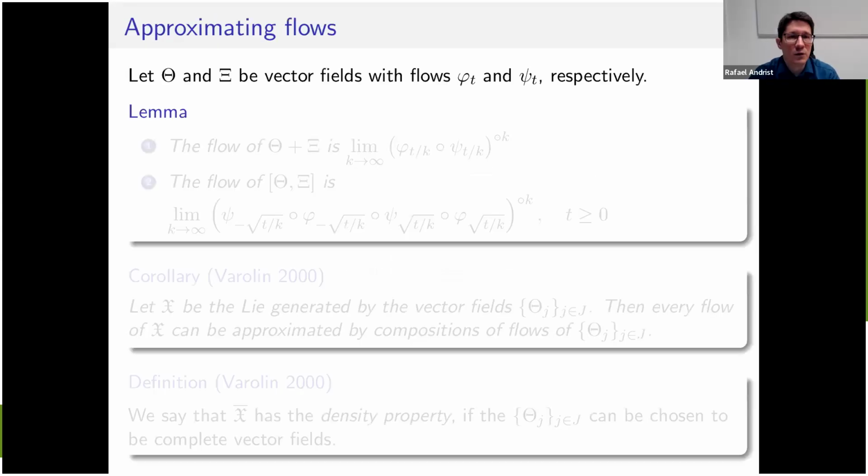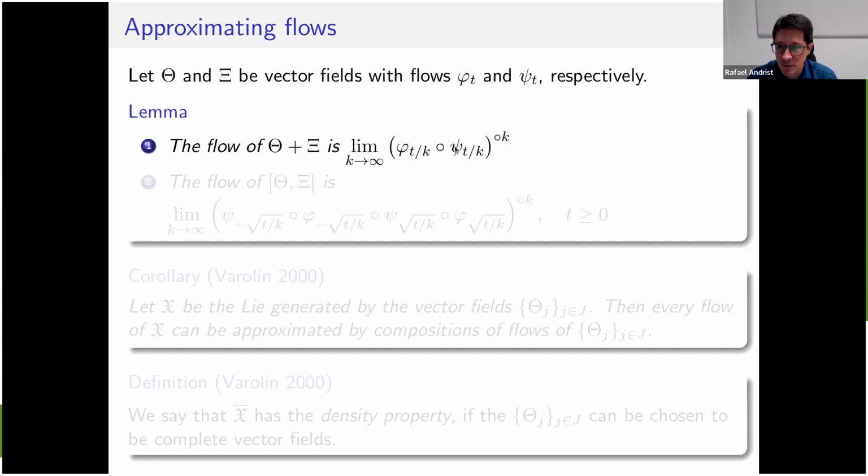Okay, now I have to tell you why we actually are interested in this Lie algebra structure. We start with two vector fields, and we know their flows. And then there is a formula for how to compute the flow of the sum of these two vector fields. So we simply compose the flows, but then we divide the flow times by k, and then we iterate this composition k times.